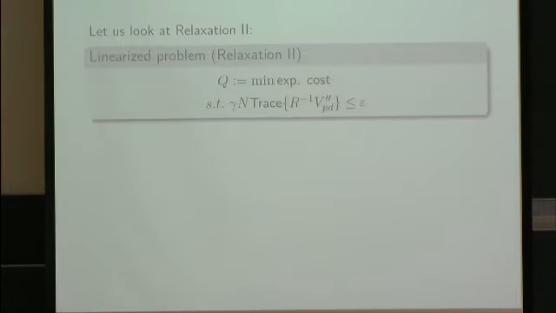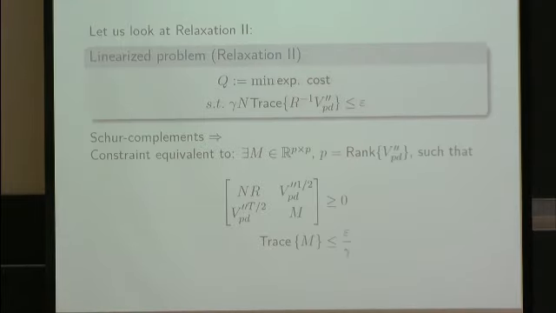The next step we'll do now is to show how to convert these problems into convex optimization problems. So we'll just look at the relaxation 2 here, which was this. So what we do is we use Schur complements to rewrite the constraint here into the following form. So we get two things here.